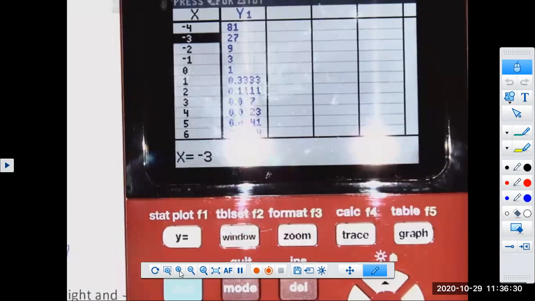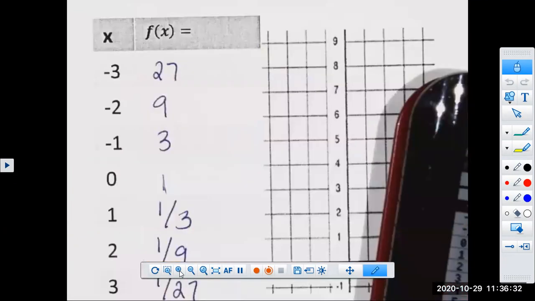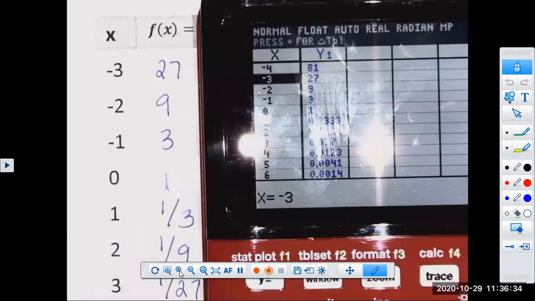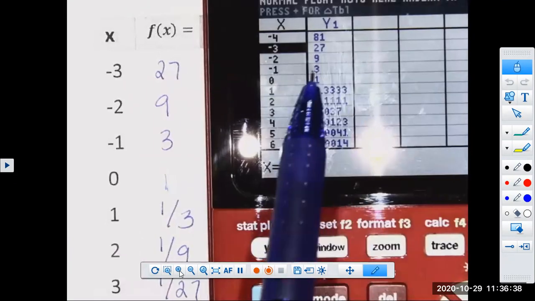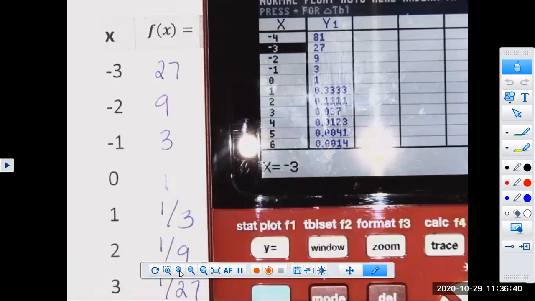Then you can fill in your table. So notice this is giving you negative 27, negative 9, negative 3, so on.